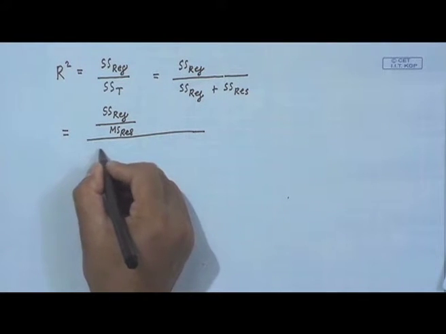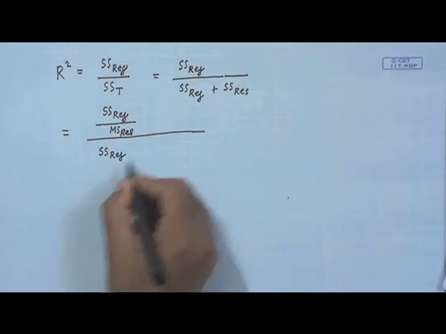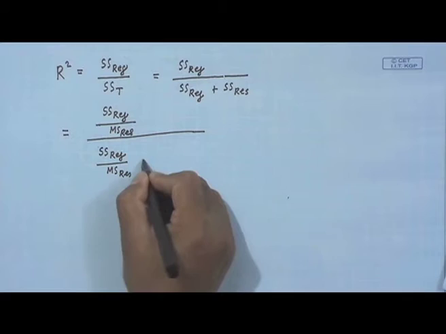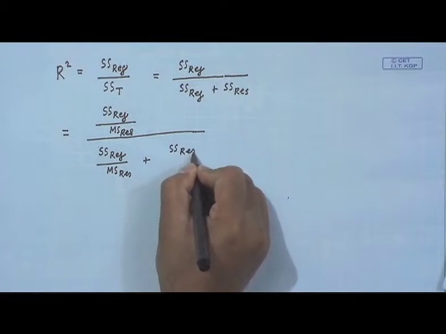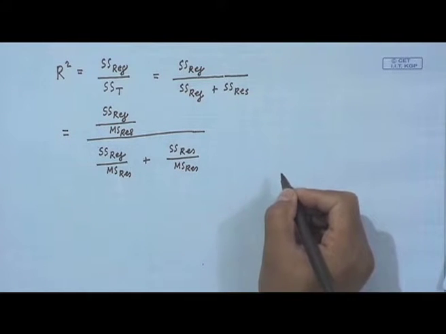So, this is SS regression by MS residual plus SS residual by MS residual.